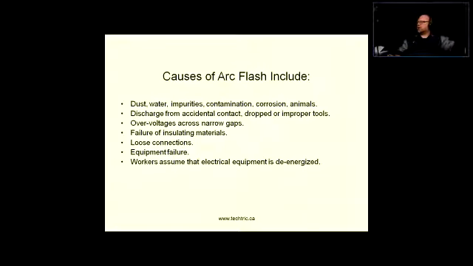All right, causes. What can cause an arc flash, right? Over here, there's some of the list, some of the items that can cause an arc flash: dust, water, impurities, contamination, corrosion, or animals. Right? Well, when it comes to dust and water, when things get dusty and dirty, polluted with some impurities, just imagine dust combined with humidity, and if there is enough concentration of that, you have a conductor at your hands, right?